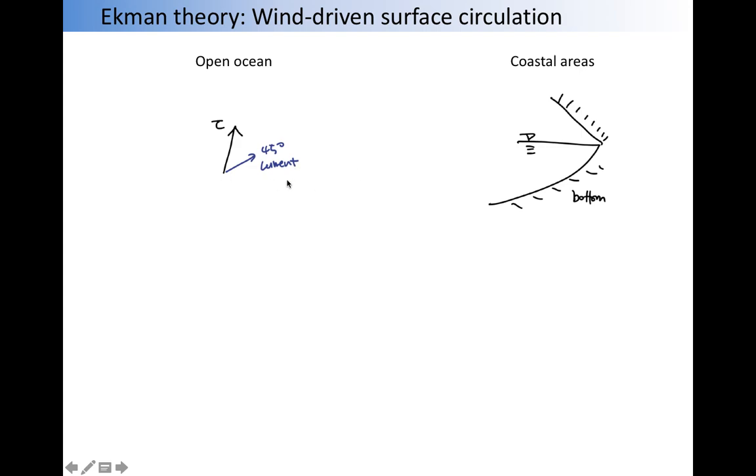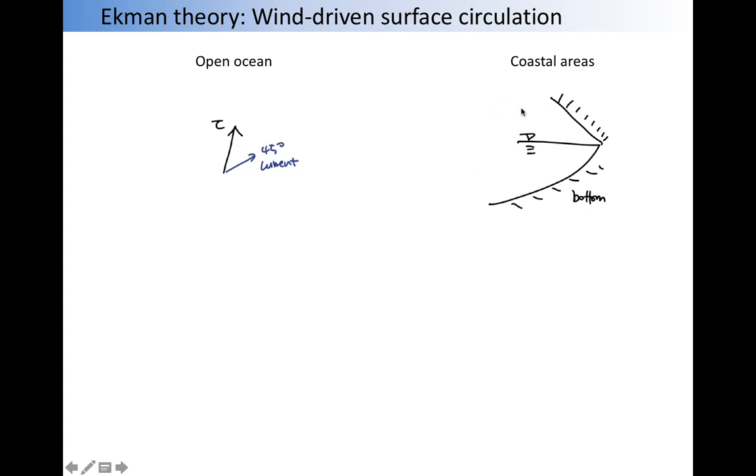Please excuse this, it's not scaled to a completely real case, but I describe it in my words, right? Open ocean case, if you blow the wind, the surface current goes 45 degrees to the right in the northern hemisphere.